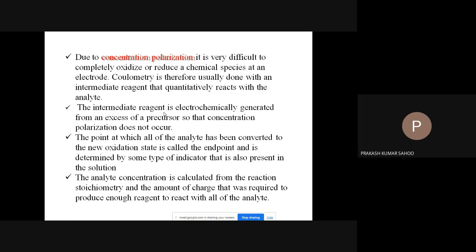This is in our PDF. We will go through this in detail.